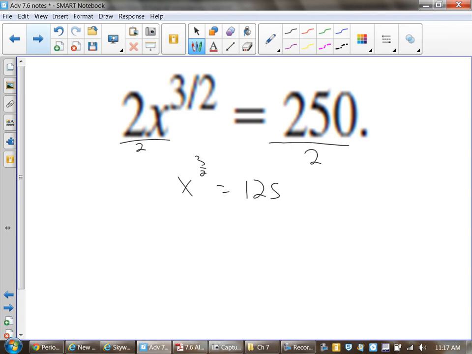Now, how do you undo a 3 halves power? Well, how do you undo a fraction? You're thinking slope, but that's great. You remember slope, but you just use the reciprocal. The opposite reciprocal is when you go in slopes for perpendicular. Bless you. So here you just have to raise it to the exponent of its reciprocal. So what's the reciprocal of 3 halves? It's not slope.